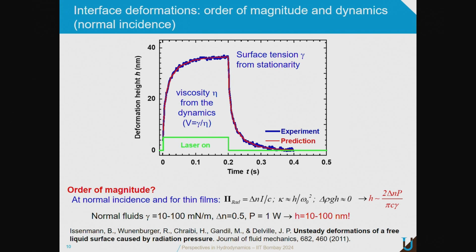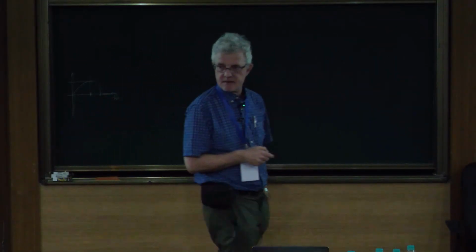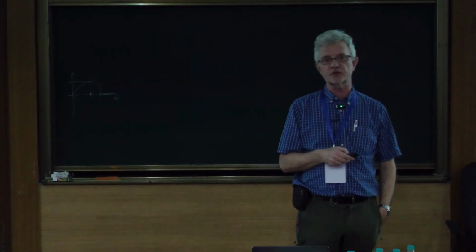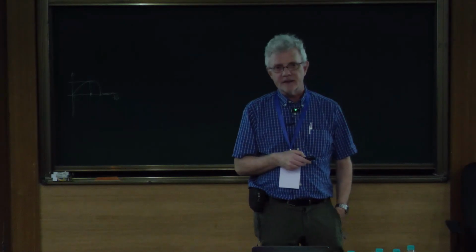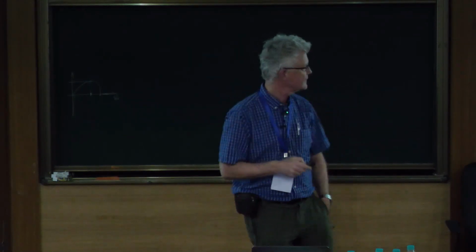And you see that for normal fluids, you are in between 10 and 100 nanometers. I will show you tomorrow what we can get when the surface tension varies from 10 to the minus 6 Newton per meter to 10 to the minus 9. And things are quite different.